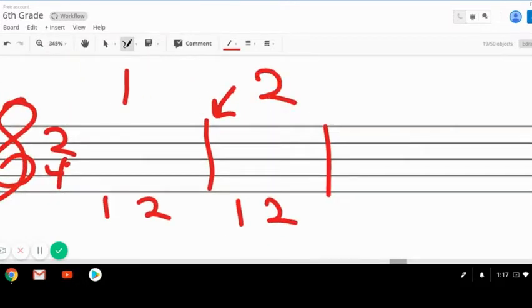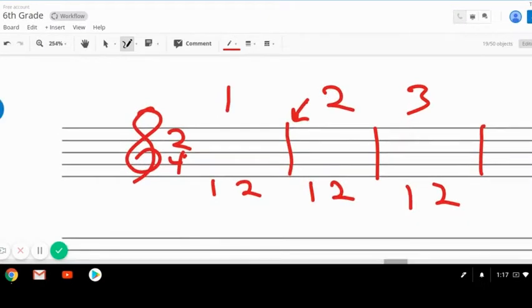This is measure 2. And then another bar line. 1, 2. This is measure 3. This song has 3 measures. So we have bar line, and then in green, this is a measure. And the measures are determined by our time signature.